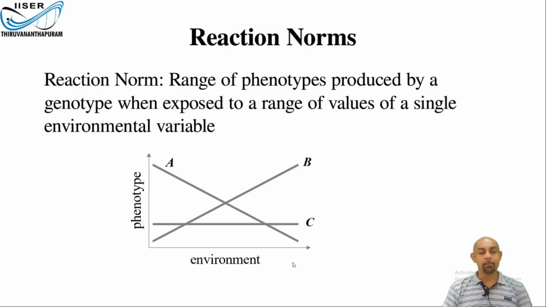In this graph here, we have environment on the x-axis and the phenotype on the y-axis. For example, this could be photoperiod or this could be temperature. So let's think about Bicyclus anynana.